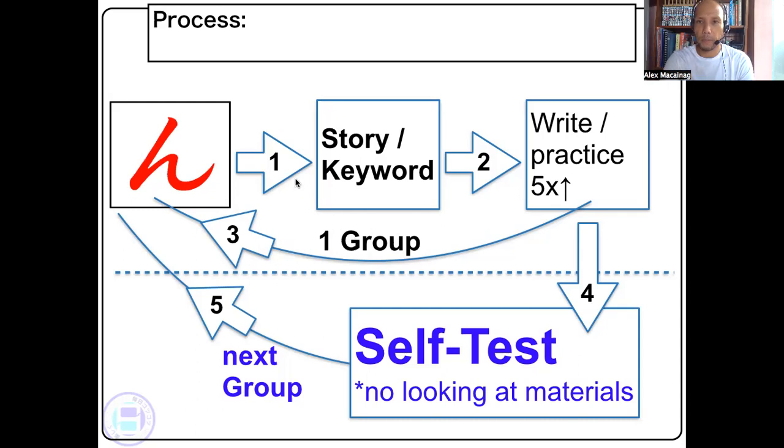After you finish steps 1, 2, and 3, go to step 4, which is the quiz and the self-test. When you do the quizzes and self-test, please do not look at your materials because we are trying to test if you remember the characters using your imagination. After that, step 5 is going to the next group until you finish all 6 groups. Okay, let's start.